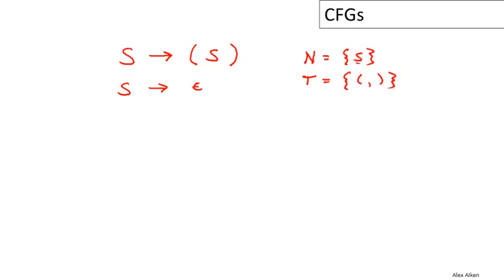Well, it's S. It's the only non-terminal, so it has to be the start symbol. But generally, when we give grammars, the first production will name the start symbol. So rather than name it explicitly, whichever production occurs first, the symbol on the left-hand side will be the start symbol for that particular context-free grammar. And then finally, what are the productions? Here are the two productions for this particular context-free grammar.